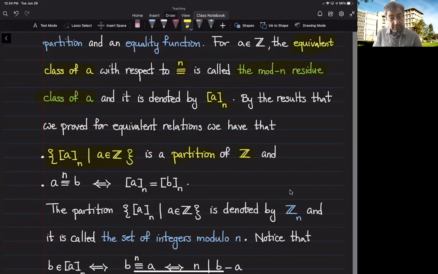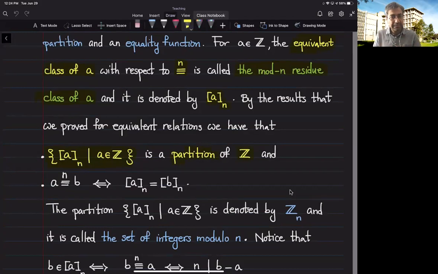Moreover, we showed that A is related to B if and only if the equivalence class of A is the same as the equivalence class of B. This is a general rule that we proved for any equivalence relation.